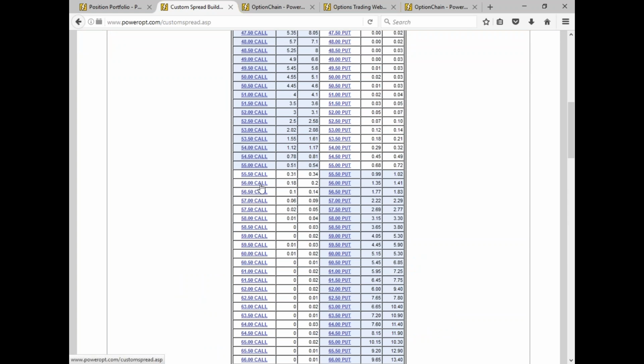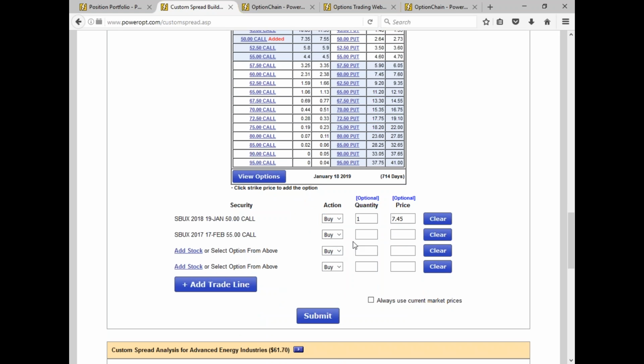I don't like to use the 55-50s, and it's right at 55. All right, we'll use the 55 against my better judgment. And we're going to sell the 55 call for 34 cents, 33 cents, okay?